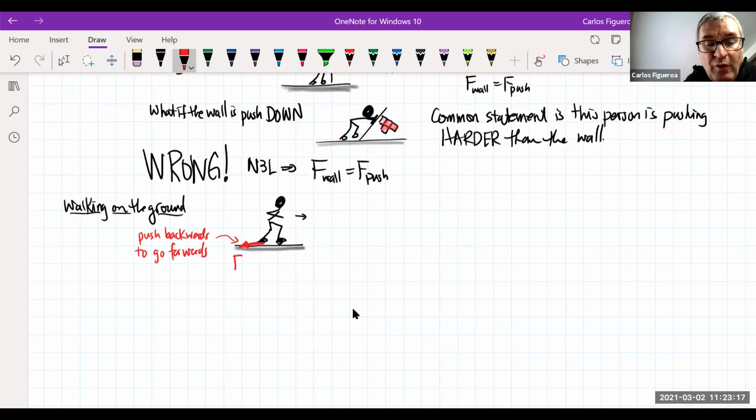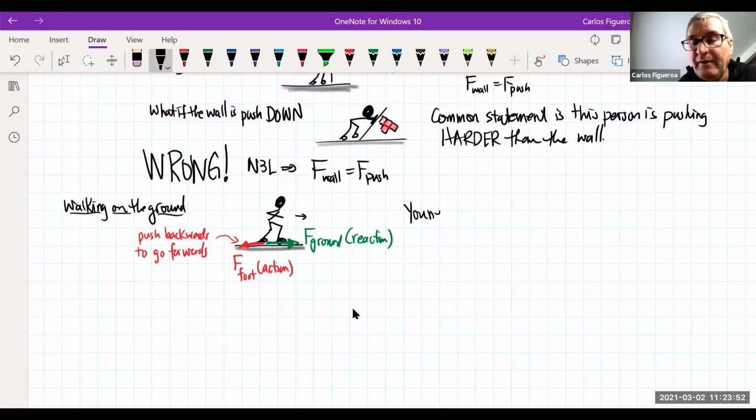So that means the force of the foot, in this case, I'll call it the action, then causes a reaction where the force of the ground is then the reaction. And this means here that how hard you push on the ground determines how hard the ground pushes you in the forward direction. So you need N3L to explain walking.